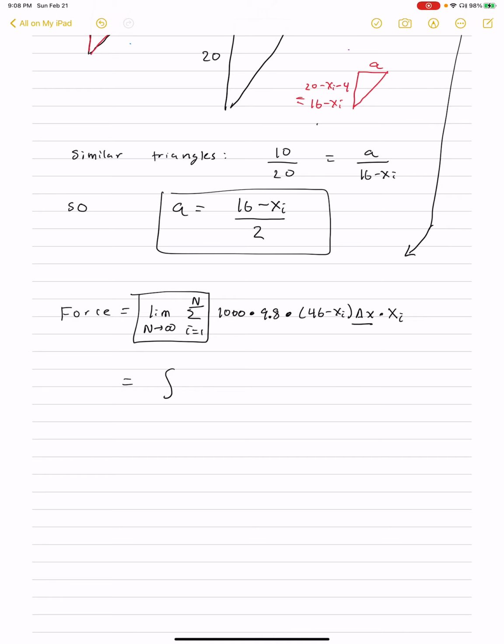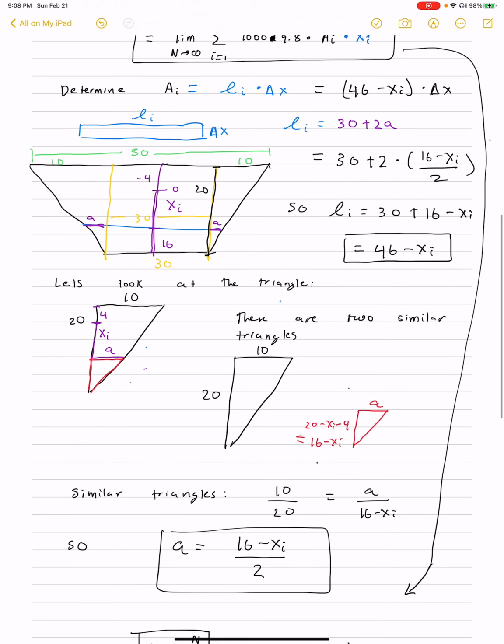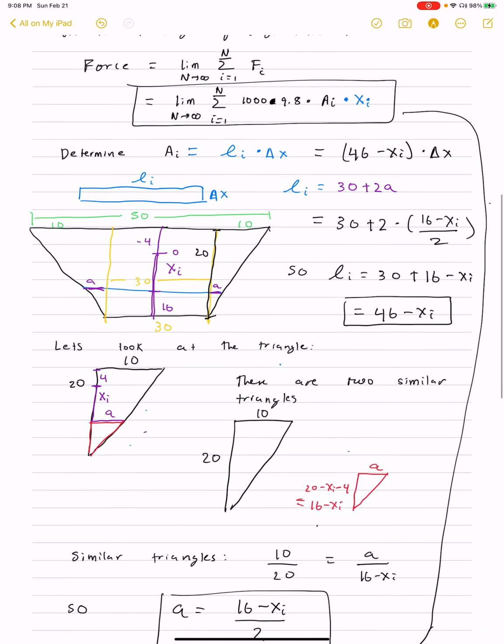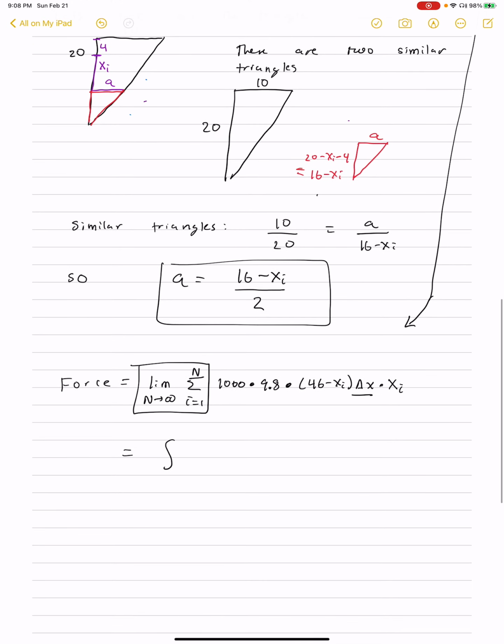Well, from where to where did I divide up? I divided up my interval here. Here's 0, and here's going to be 16. So from 0 to 16 is going to be my integral of this 1,000. So remember, this is the definition of integral. 1,000 multiplied by 9.8 multiplied by x, the i's drop, and I get 46 minus x multiplied by dx. That's what the delta x becomes.